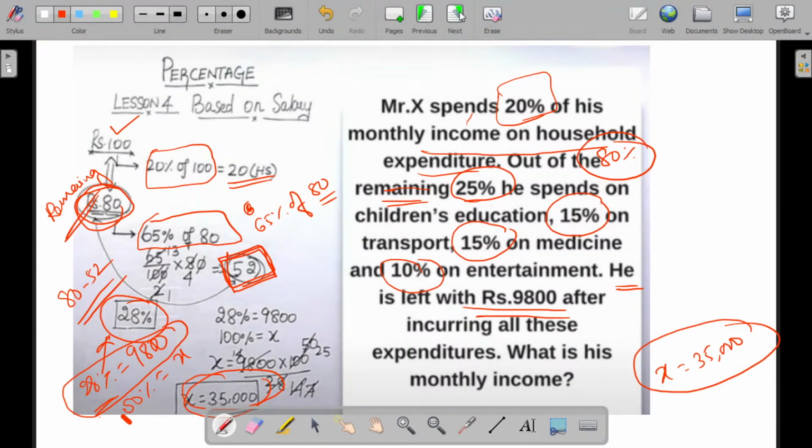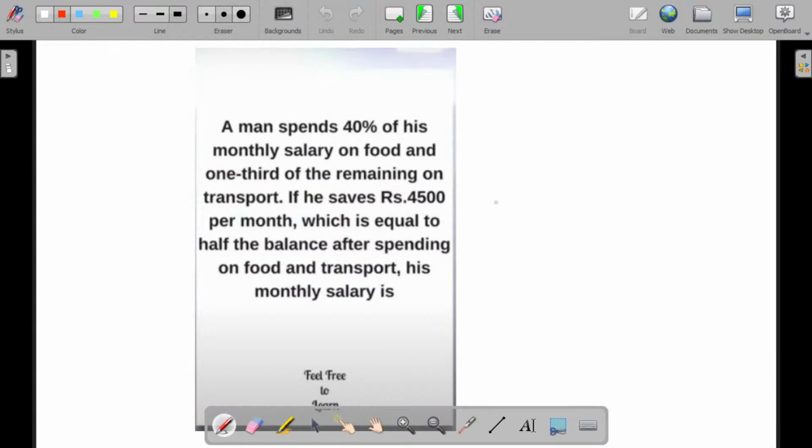Okay, next one. So a man spends 40% of his monthly salary on food and one third of the remaining on the transport, and if he saves 4,500 per month, which is equal to half of the balance after spending on food and transport.